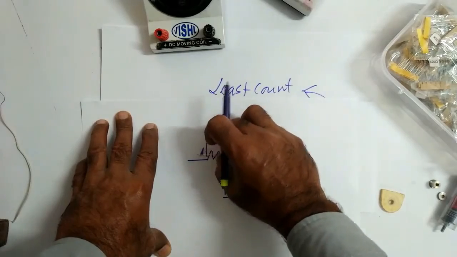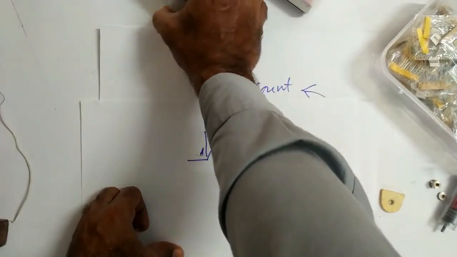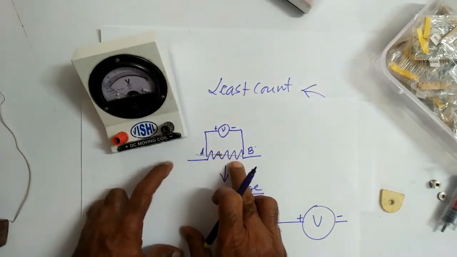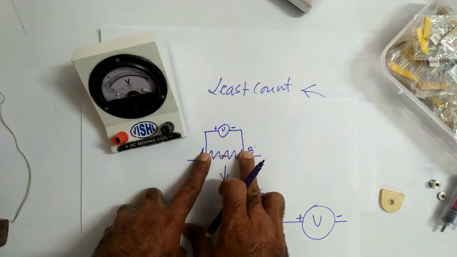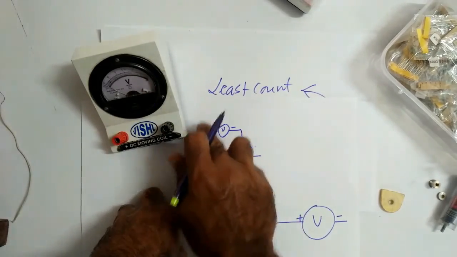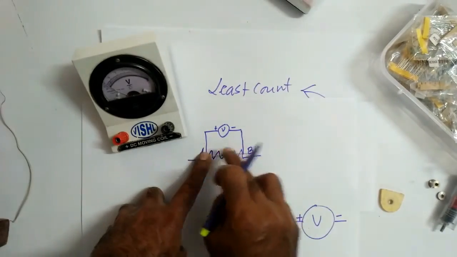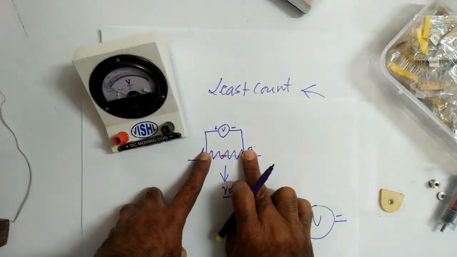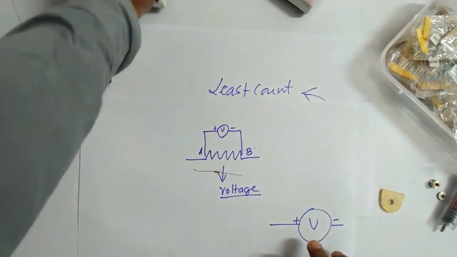Okay, this is the resistance, this is the voltmeter, and this voltmeter should always be connected across the 2 ends of the resistance. I'll repeat this. Voltmeter should be connected across the 2 ends of the resistance to find out the voltage across these 2 points. Right?